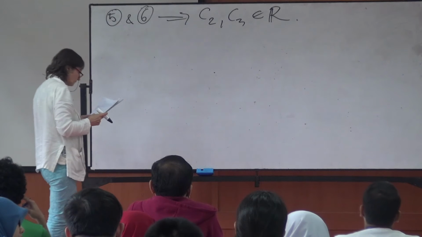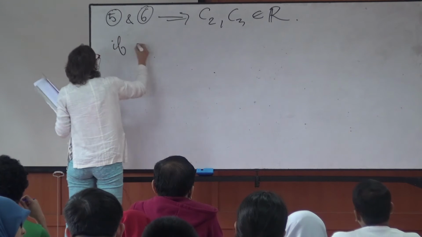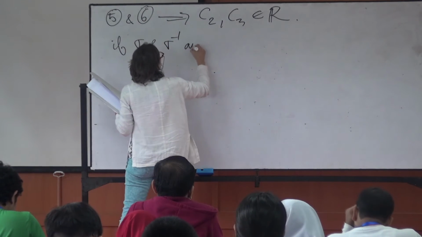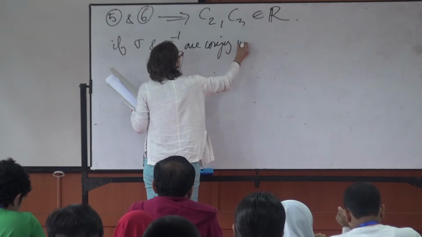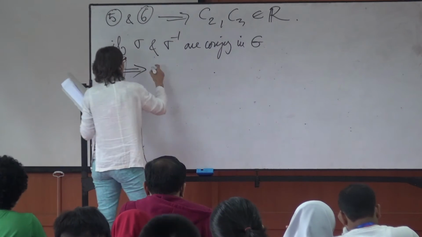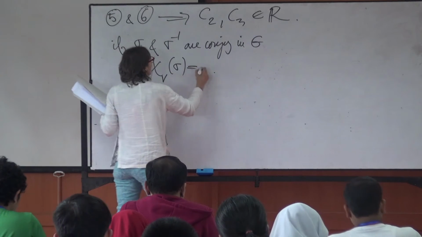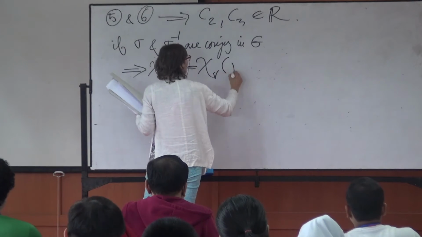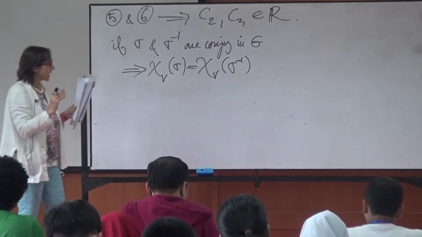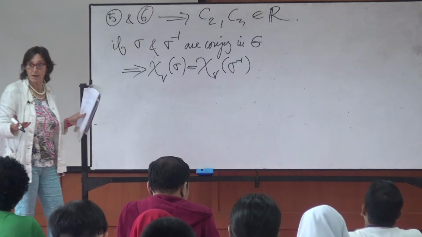The general observation is that if sigma and sigma inverse are conjugate in G, then the character of V of sigma is equal to the character of V computed in sigma minus 1. But we know that the eigenvalues of sigma minus 1 are the inverses of the eigenvalues of sigma.